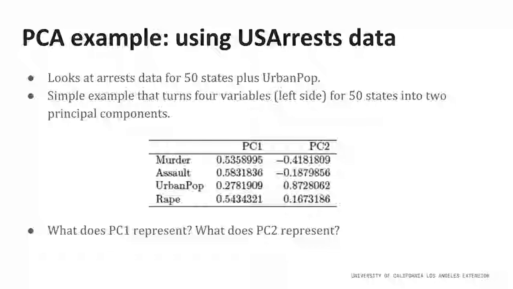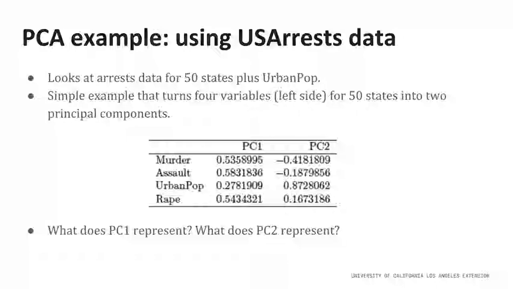So hopefully you were able to pick up on that. PC1, the one that was the outlier was urban pop, and murder, assault, and rape all were in the 0.53 to 0.58 range.